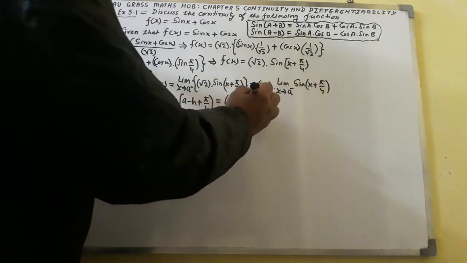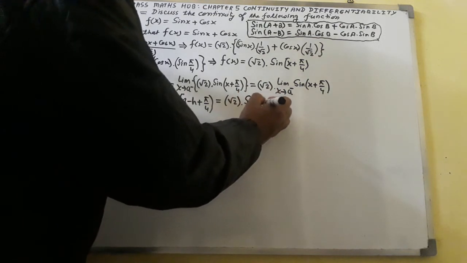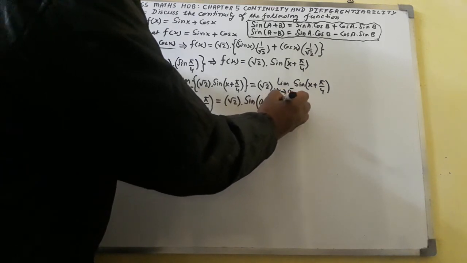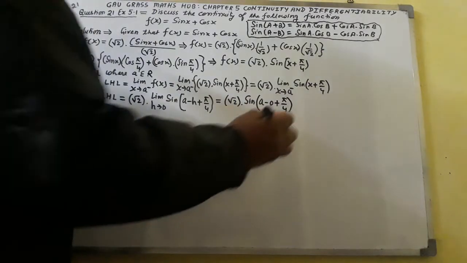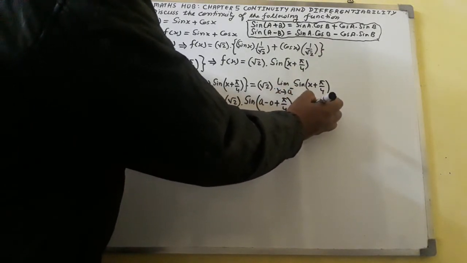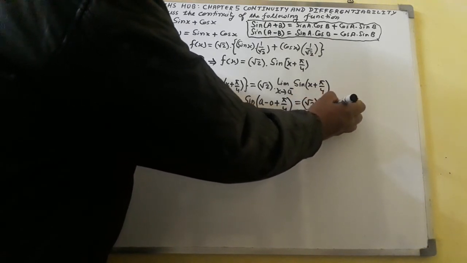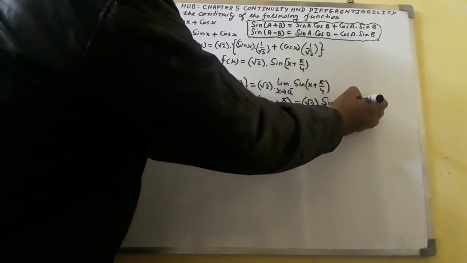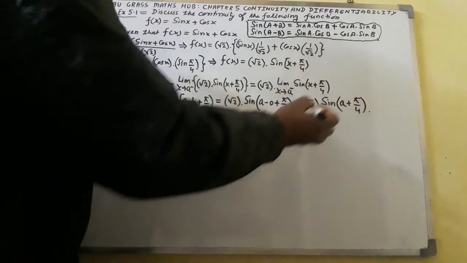So here I shall write sin in bracket a minus 0 plus pi by 4 equal to under root 2 dot sin a plus pi by 4 bracket close.